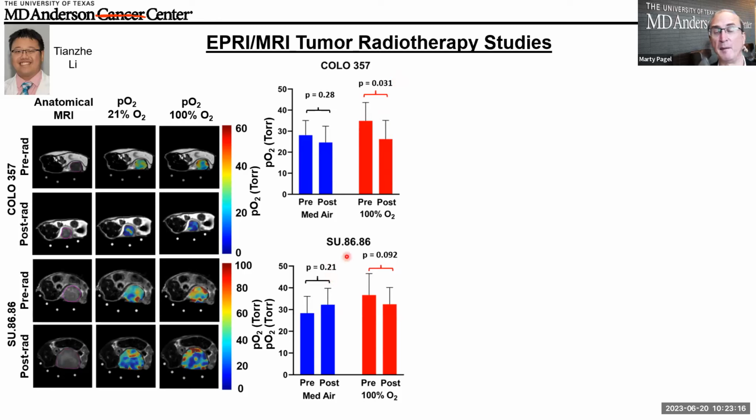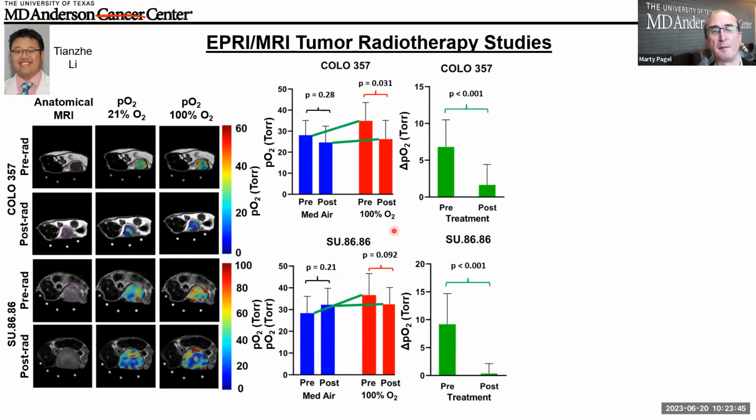The SU8686 model behaved the same. There's actually an increase in the PO2 from medical grade air, which is counterintuitive. You'd think that there would be less oxygenation within the tumor after we've wrecked blood vessels with the radiotherapy. And again, the p-value is not statistically significant for either of these cases, even with 100% gas. So a moderate, interesting biomarker, but not really going to get us there, right?